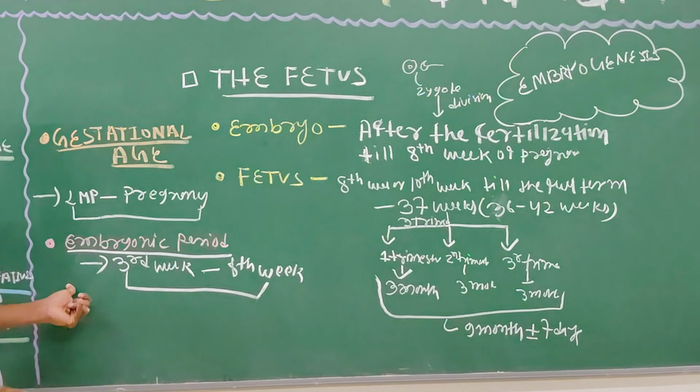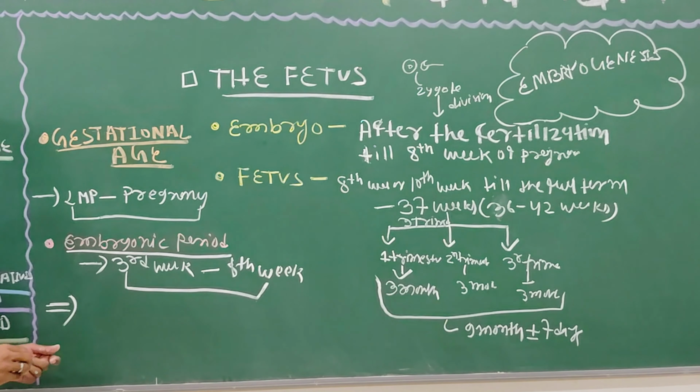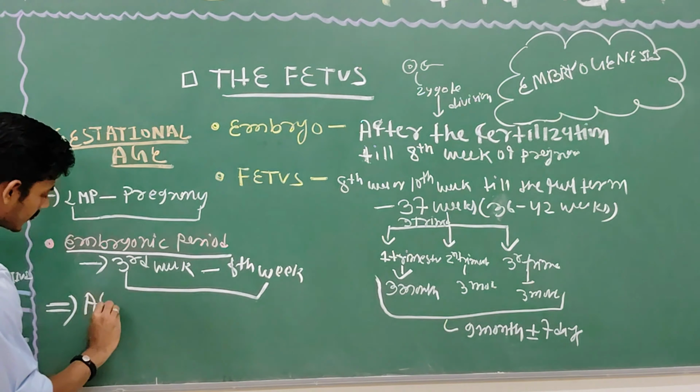Now, how do we define the age of the fetus? The age of the fetus, or the chronology of the fetus, is defined in terms of the gestational age, not the embryonic period.